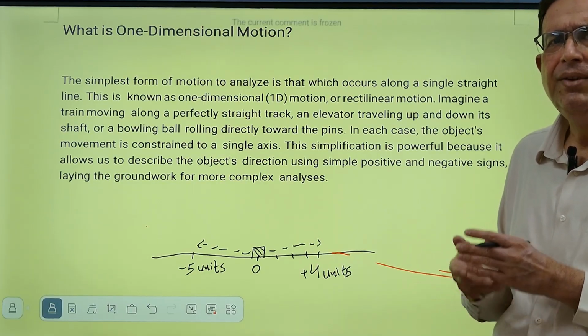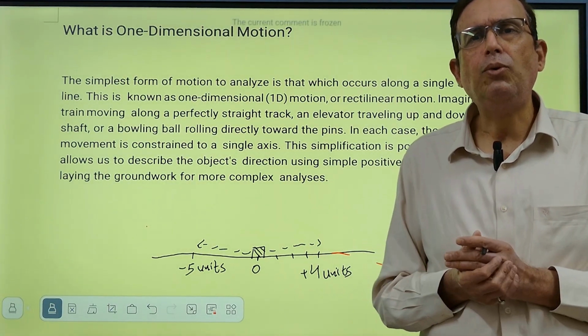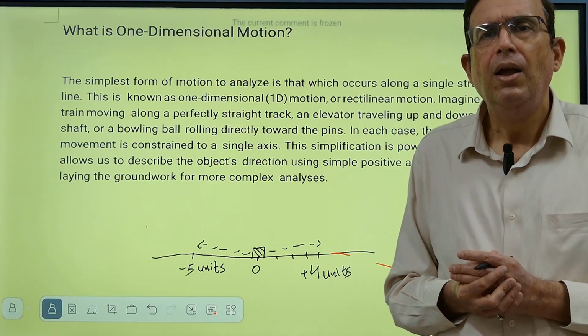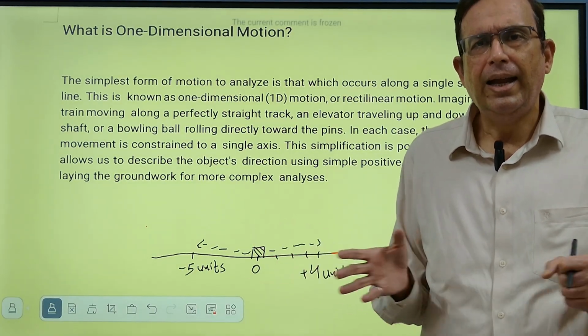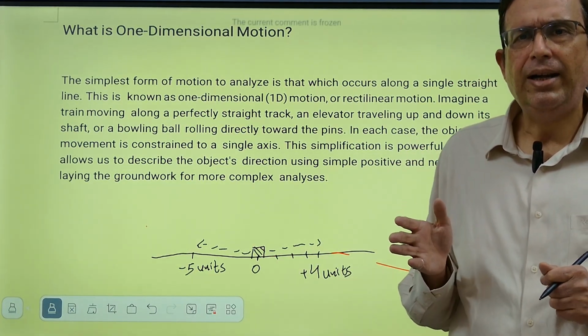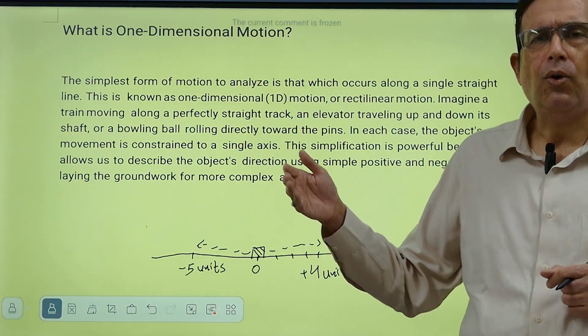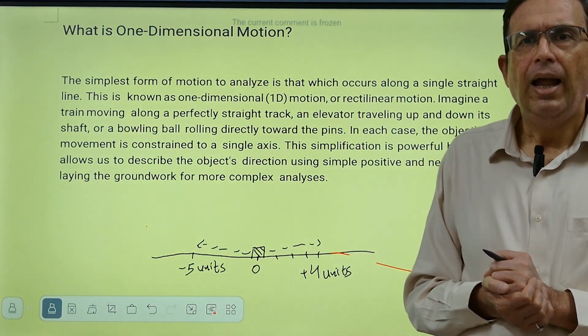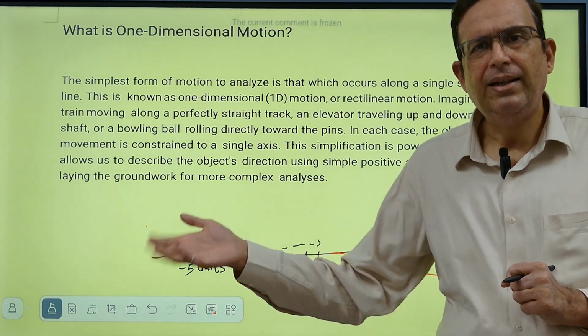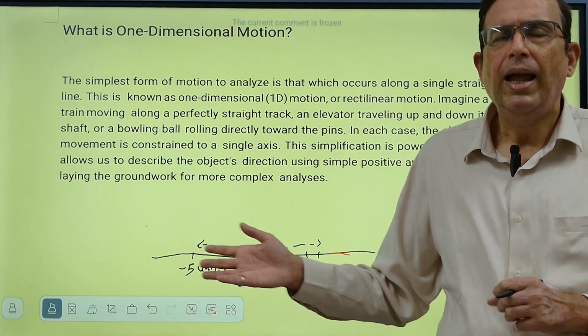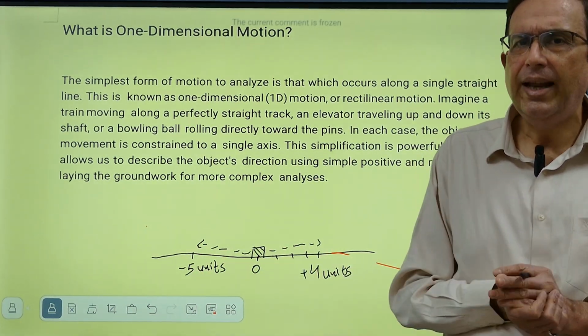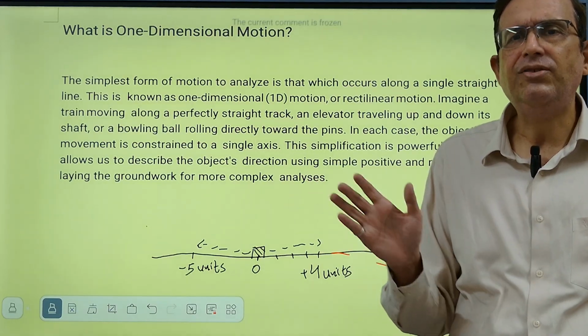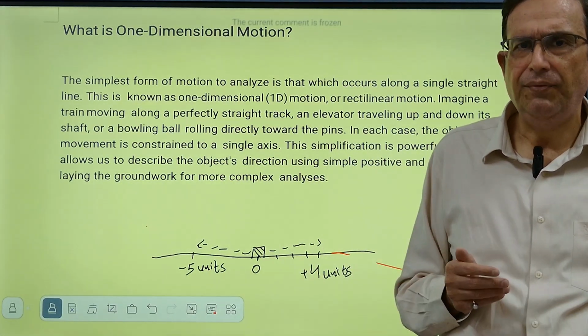So you can understand, when we are talking about a motion in a straight line, we draw a straight line and we mark the origin in that straight line, and then we draw different points of position on that straight line, and that straight line has one direction which is called positive and the other direction, the opposite direction, is the negative, and the whole straight line is stretching from plus infinity to minus infinity.